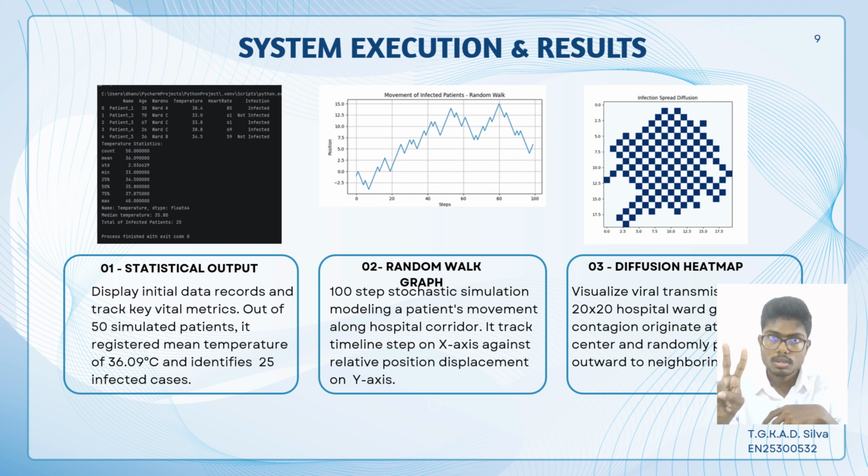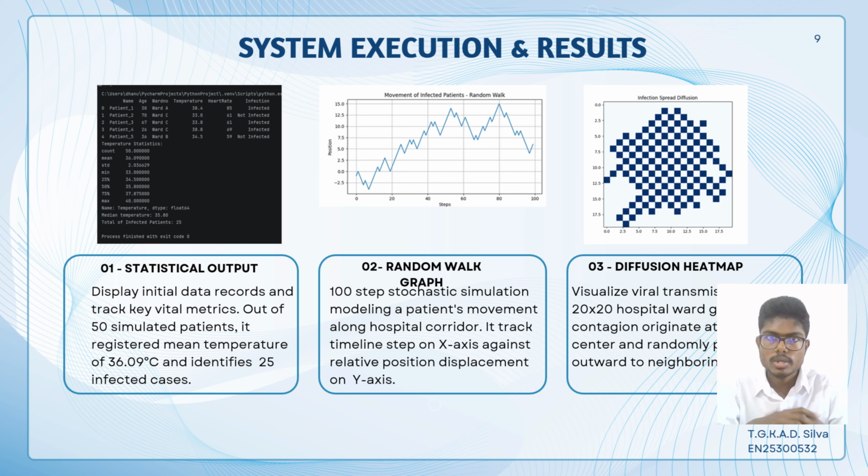Second, the random walk graph. This graph tracks an infected patient's random movement down a hospital corridor over 100 steps. It shows how a patient moves relative to their starting point. Third, the diffusion heat map.